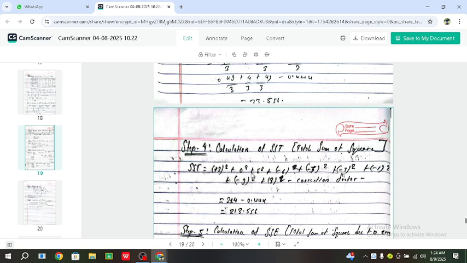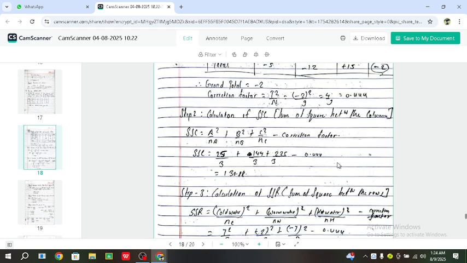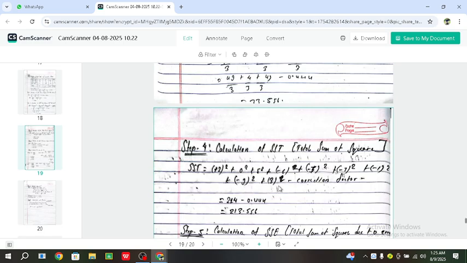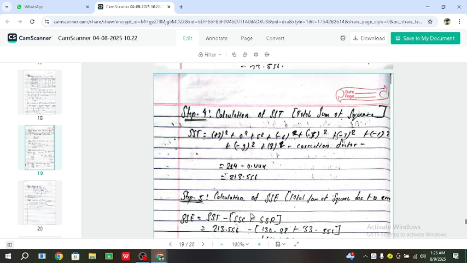Look here, 2, 0, 5, 6, 3, 7, 9, total 9 lines, 1, 2, 3, 4, 5, 6, 7, 8, 9, total 9 data, 9 square. Okay, minus corrected factor. Look everywhere, minus corrected factor. After calculating, getting this much value, this one is the corrected value, getting this much. Now step number 5.